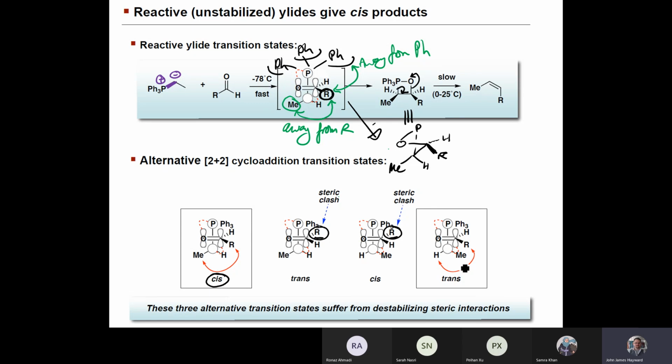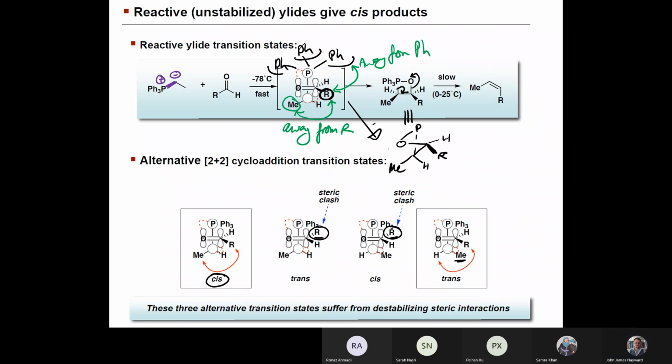Conversely, if you put the methyl on the same side as the R, well, you're going to get a trans double bond. Okay, so these alternative transition states suffer from a variety of different steric clash. It's just trying to find the lowest energy one that you can.